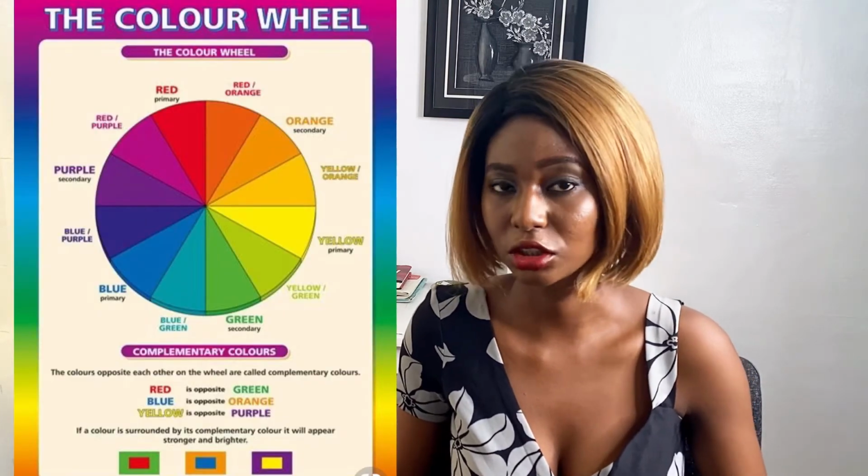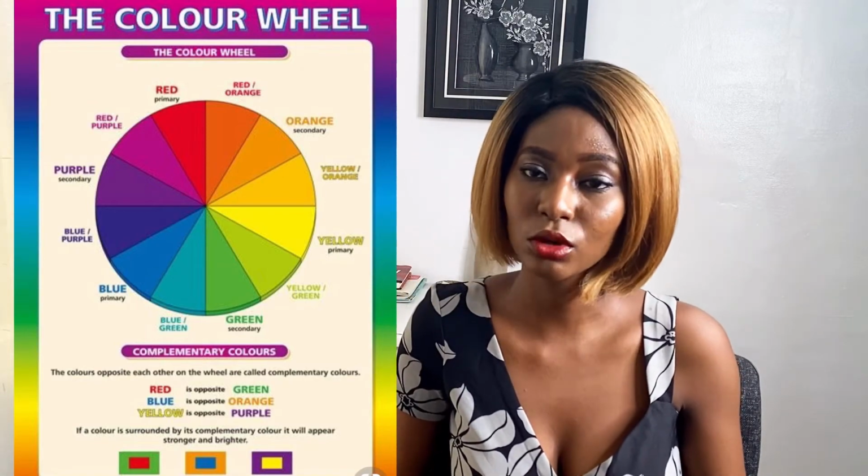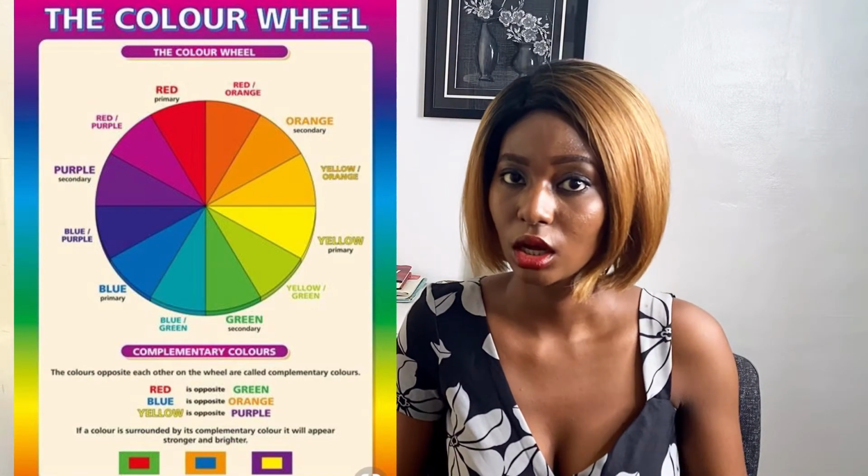Most times you can use one single color for your collection, but it's actually better to use complementary colors so that we can have a different depth to the way the pieces would look.